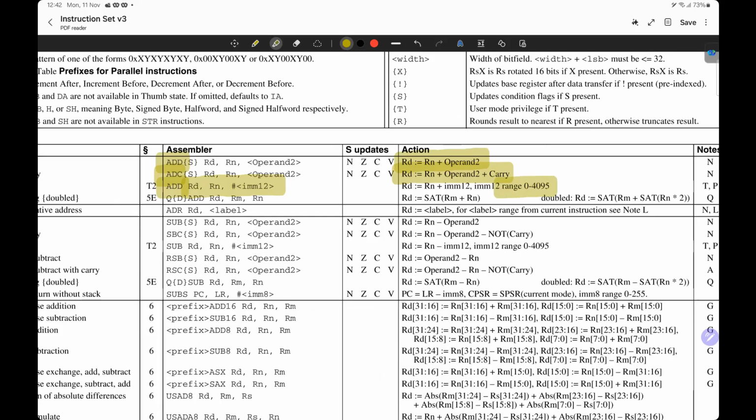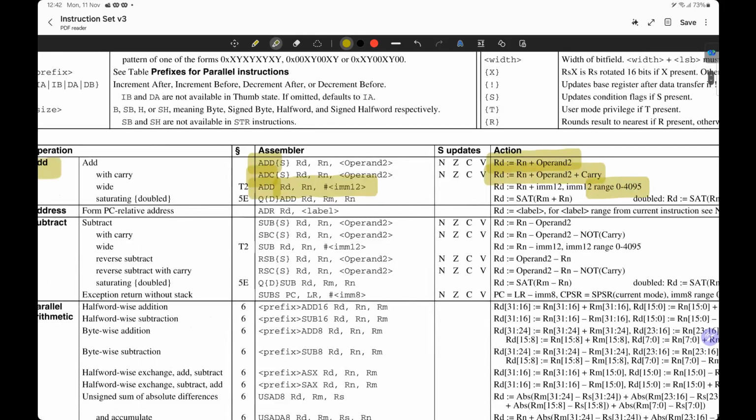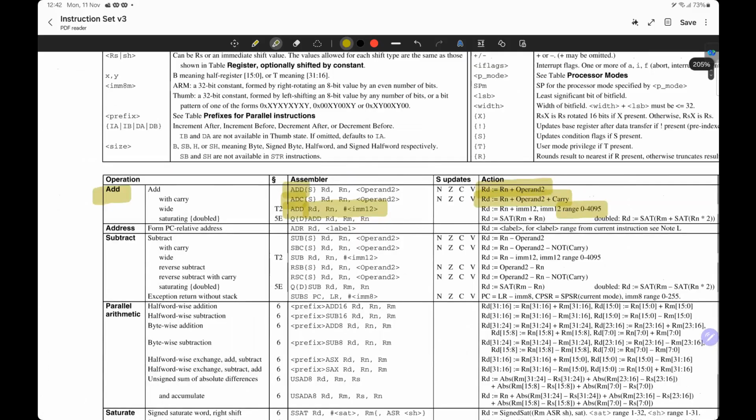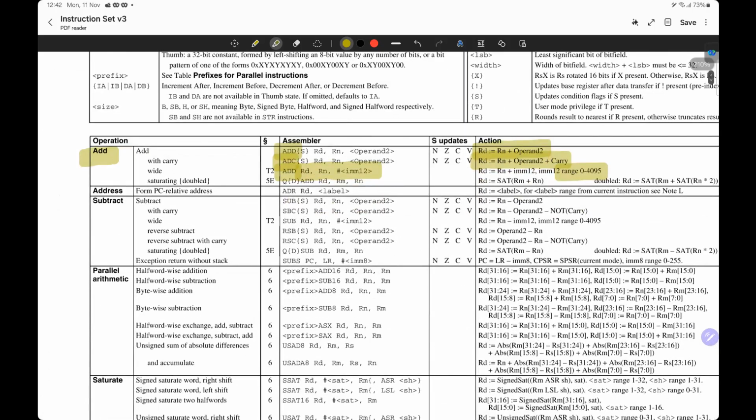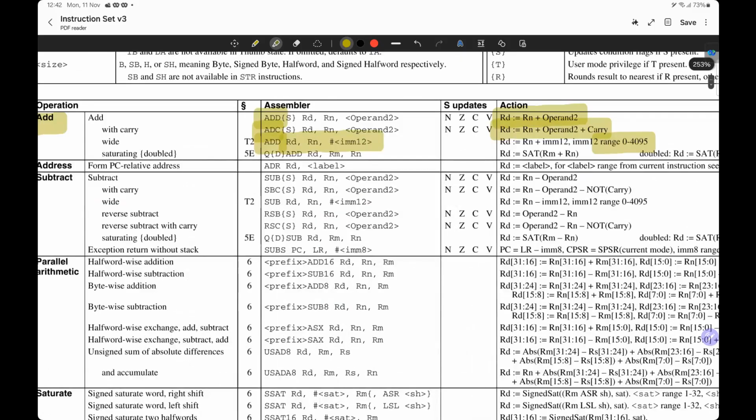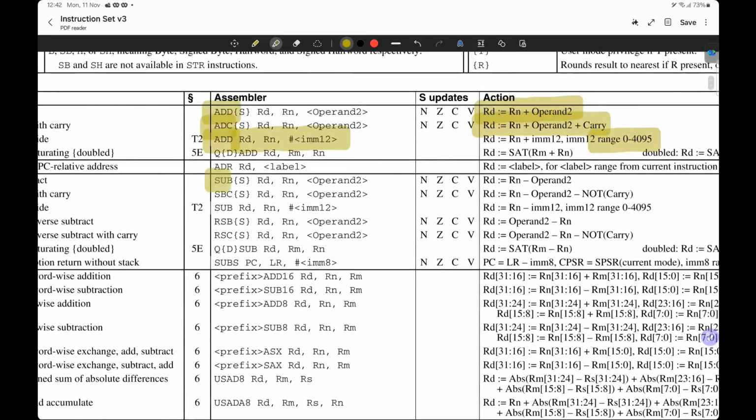I will give you this instruction set later so that you can familiarize yourself with it. There is no need to remember all the instructions, as long as you know what each instruction does. See here for the subtraction, SUB Rd, Rn, operand 2. The operation is Rd equals Rn minus operand 2.